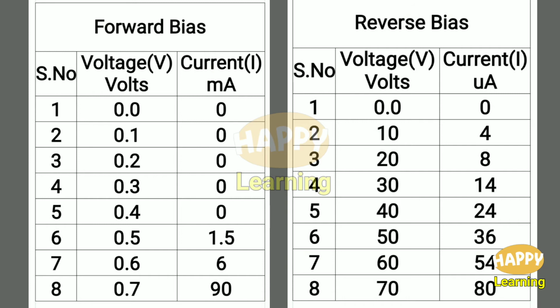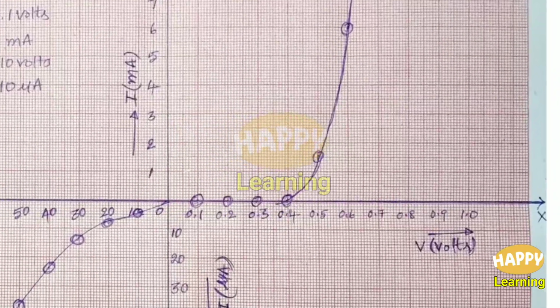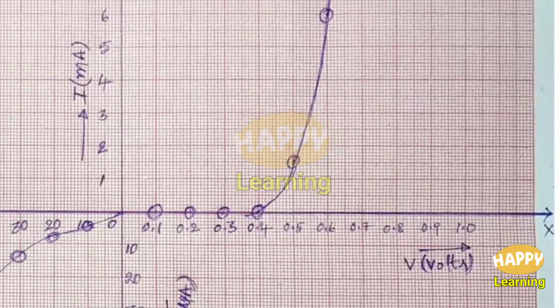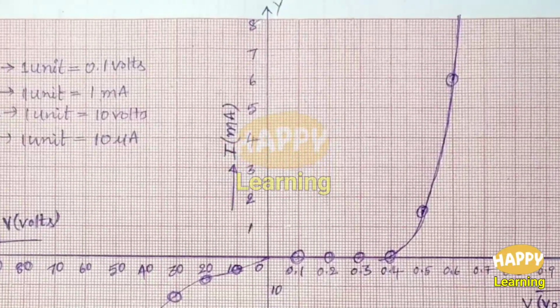Now we have to draw a graph. The forward bias readings are taken and a graph is drawn in the first quadrant, taking voltage on the x-axis and current in milliamperes on the positive y-axis.